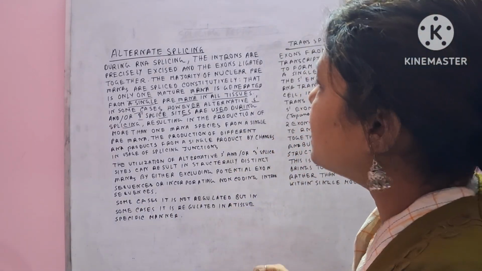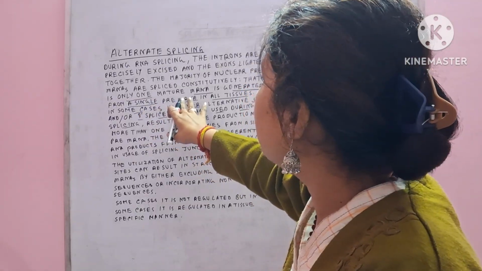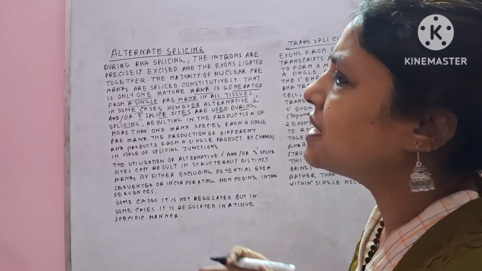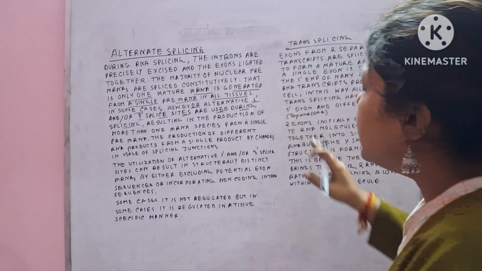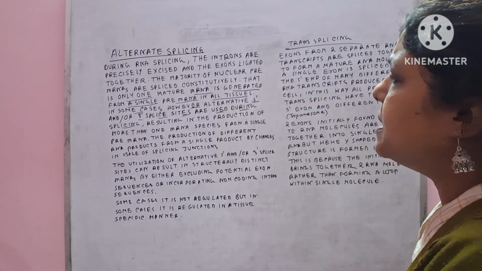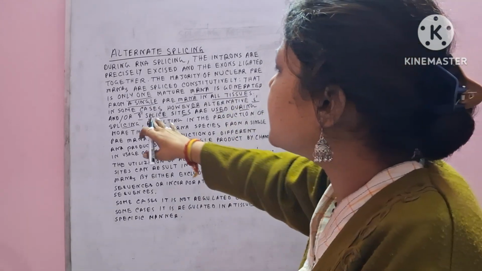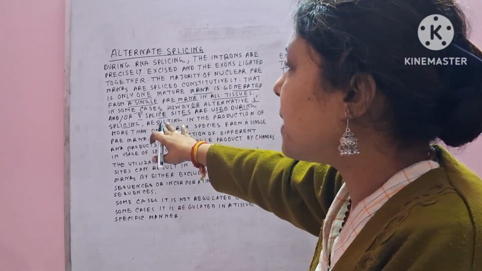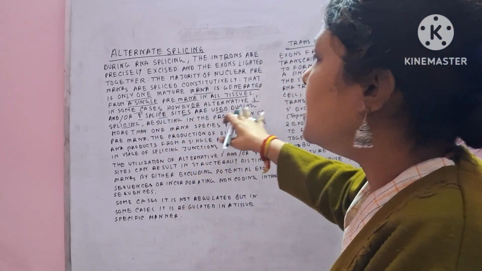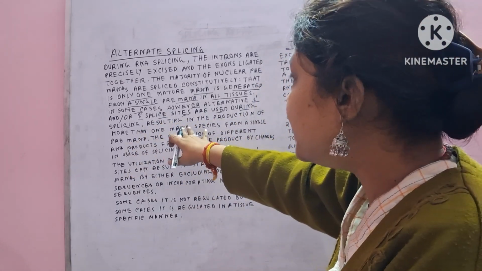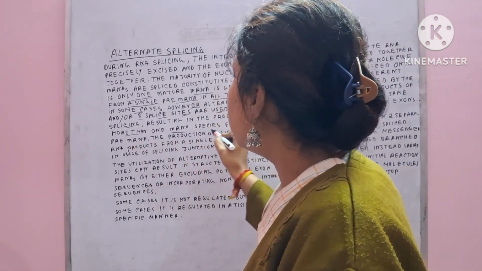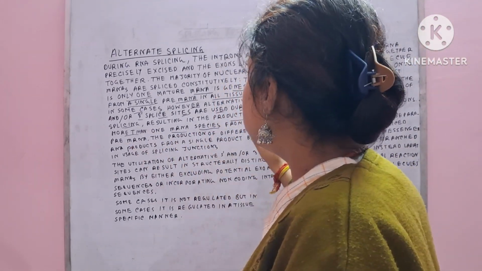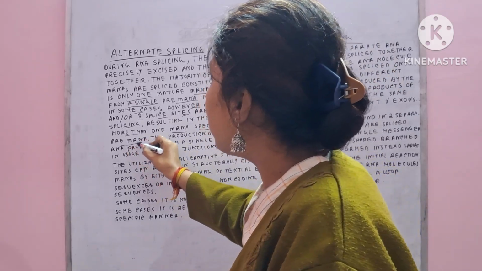And in that case, a single pre-mRNA is formed, or you can say that a single mRNA is formed. But in case of alternate splicing, the 5' splice sites or 3' splice sites are used during this process, resulting in the production of more than one mRNA species from a single pre-mRNA.